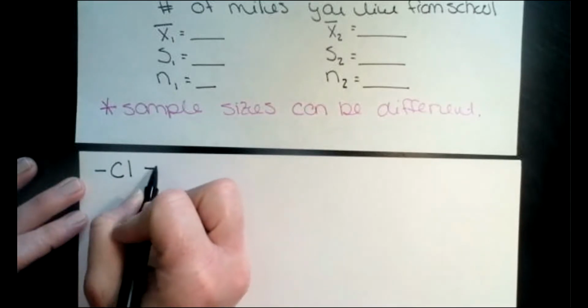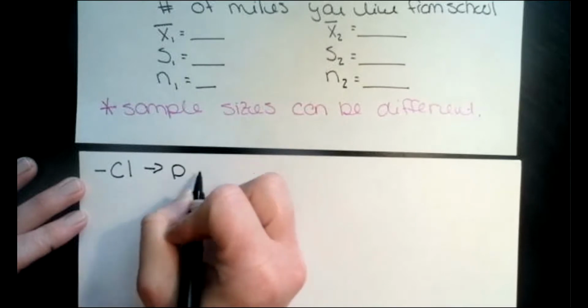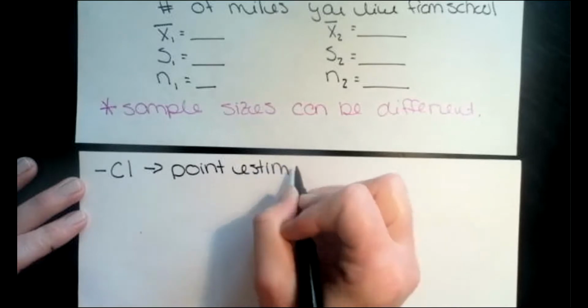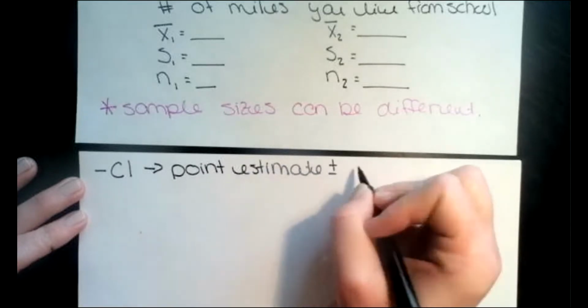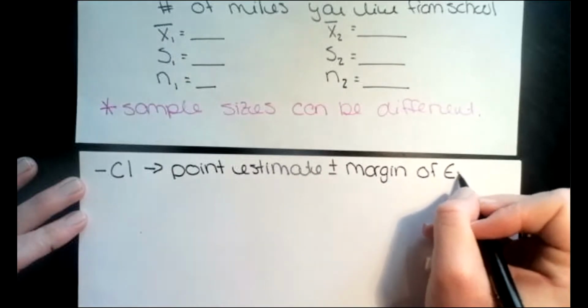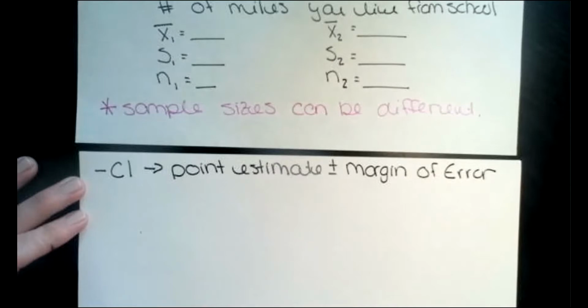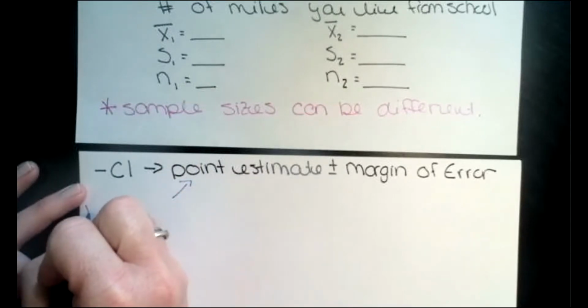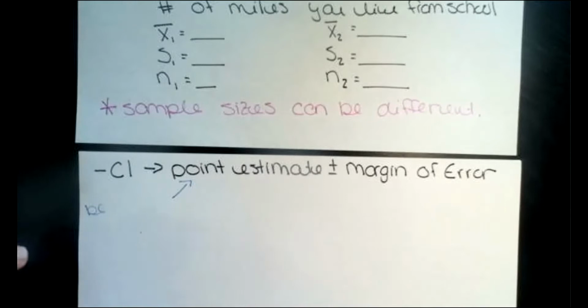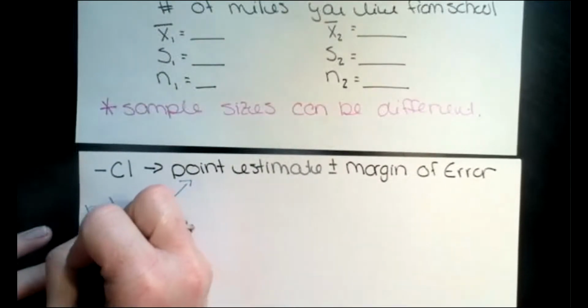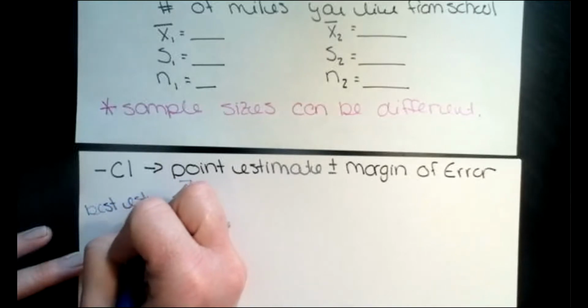For my CI, the formula is the same as always: point estimate plus or minus margin of error. Remember, the point estimate is our best estimate.